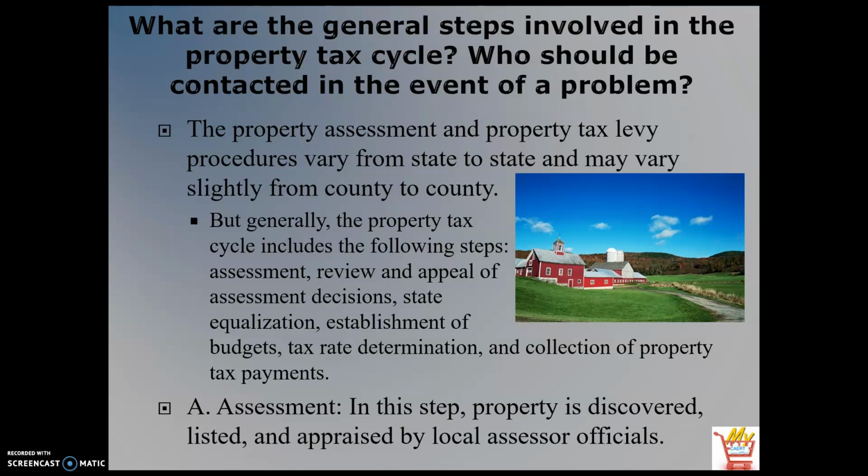So as we said, the first step is assessment. The property is discovered, listed, and appraised by local assessor officials. And you might say to yourself, well, how do these assessors know if I'm making an improvement or if I'm building something? If I'm building onto my home, that's obviously going to change the value. How do they know that?